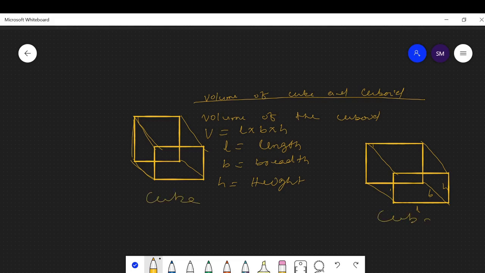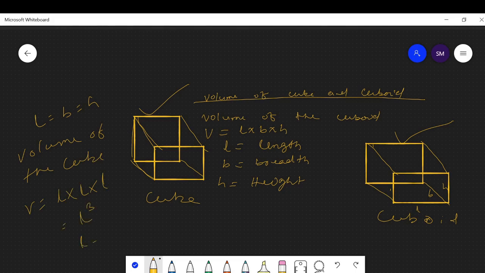In case of cuboid, all 6 faces are rectangles; in case of cube, all 6 faces are squares. In a cube, length equals breadth equals height, and the volume of the cube is V equal to L into L into L, which is L cube, where L is the length of its side.